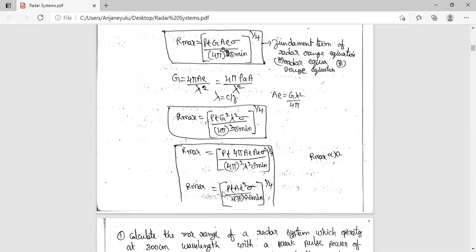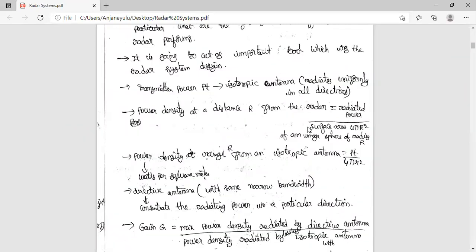So R maximum equals P_T into A squared sigma by 4 pi lambda squared into S minimum, under root of whole power 1 by 4. This is the expression for R maximum when the target is present at the distance. So this is the expression for the radar range equation.